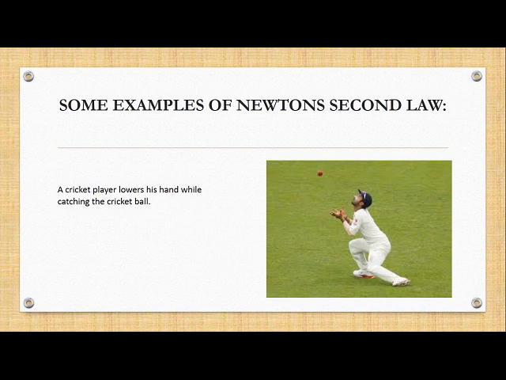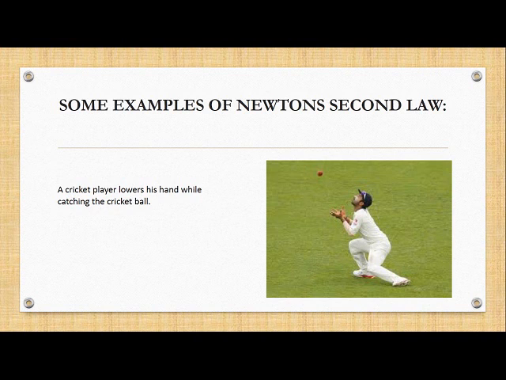Now children, let us understand some interesting facts and certain examples from Newton's second law of motion. Yesterday I gave you many interesting examples of Newton's inertia: inertia of rest, inertia of direction, and inertia of motion.